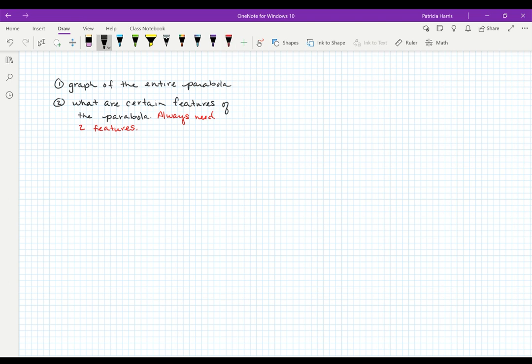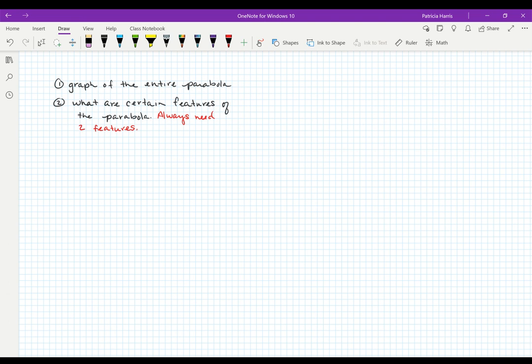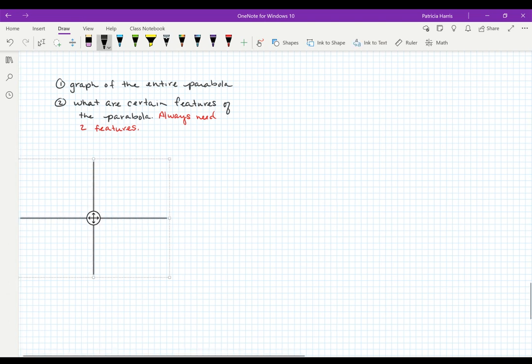I'm just going to draw you a picture of a parabola, and we're going to get the equation. So there's my xy axis.